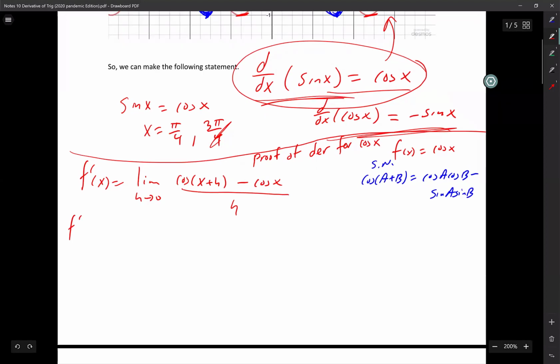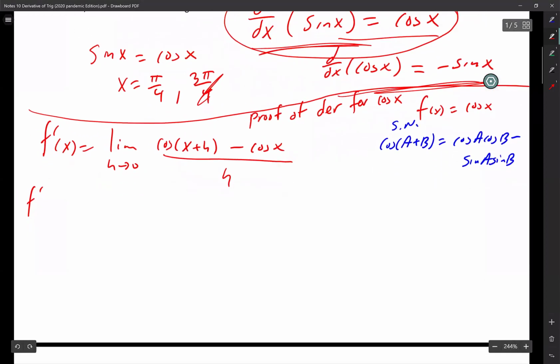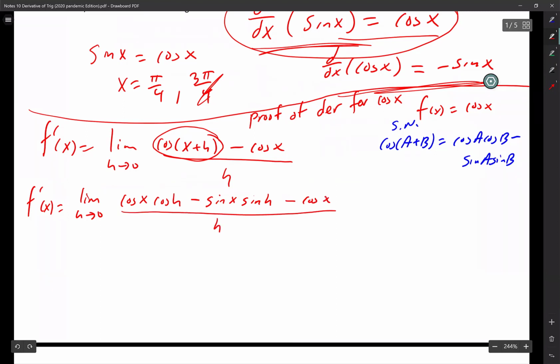So I'm going to write, you guys see now that I made it bigger? F prime of x limit as h approaches 0, and I'm just going to expand this right here, what's over here. Cosine x, cosine h, minus sine x, sine h, minus cosine x, all over h. So now, guys, I'm just going to rearrange some of these.